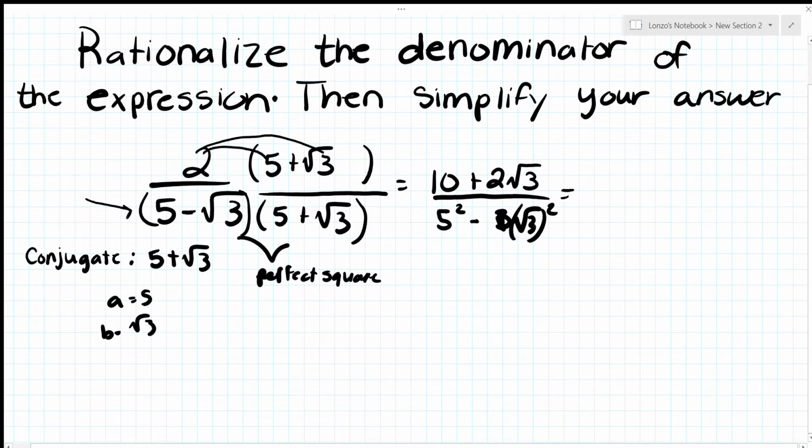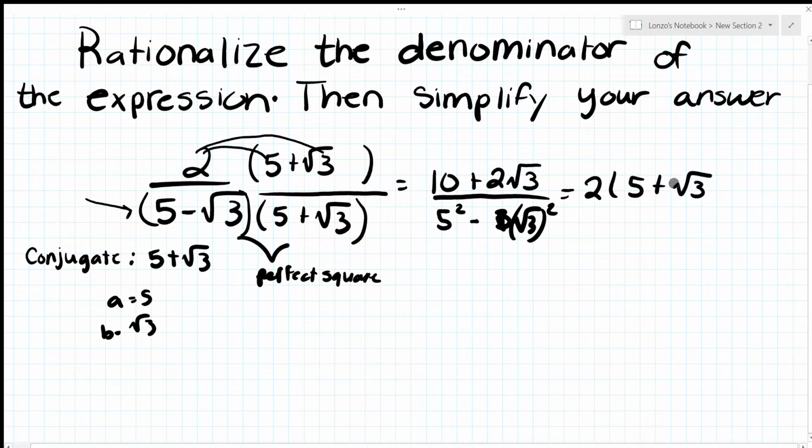Let's fix the numerator. Can that be even more simplified? We have 10 plus 2 square root of 3. We can't combine those two terms, but we can factor something out. What can we factor out? I would factor out a 2. If I factor out a 2, I get 2 times 5 plus 1 times square root of 3, or you could just leave it as square root of 3.